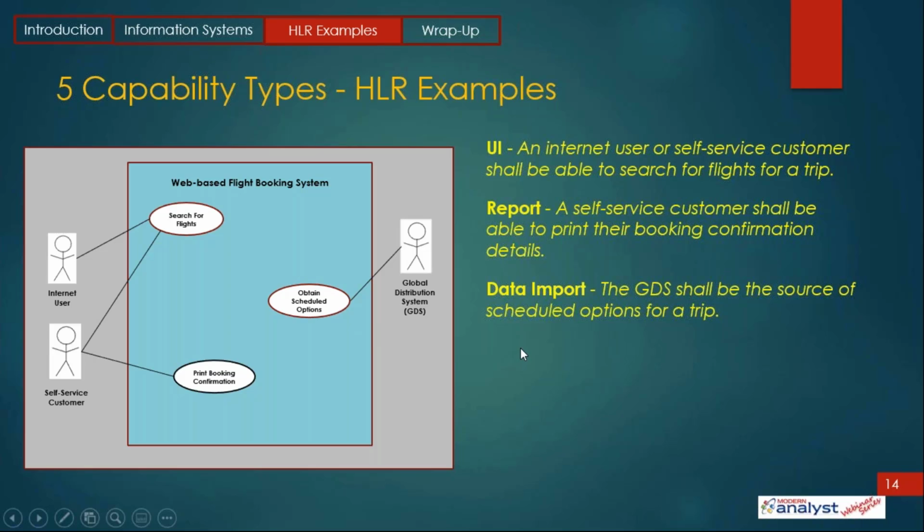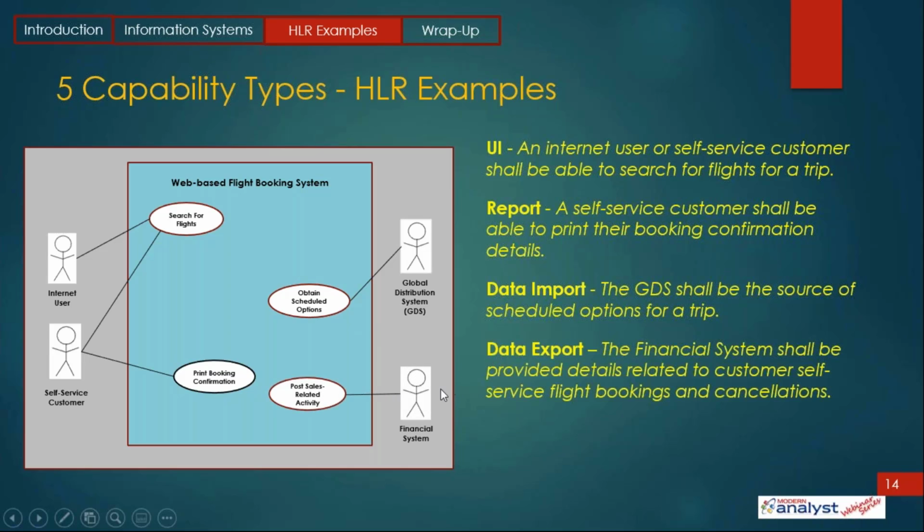We could have done this as a user story if we wanted to. Data export, remember our financial people, they want to file. The financial system, that's our involved user, shall be provided details related to customer self-service flight bookings and cancellations. So what those details are, that's a topic to be discussed later.